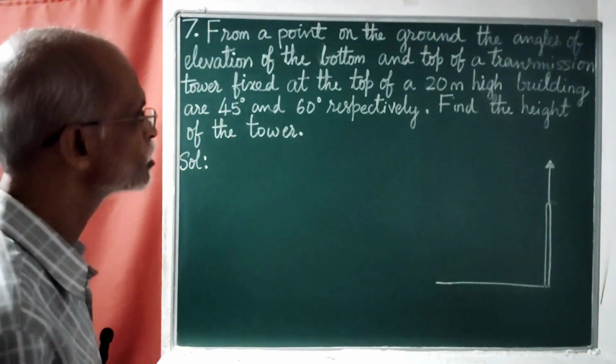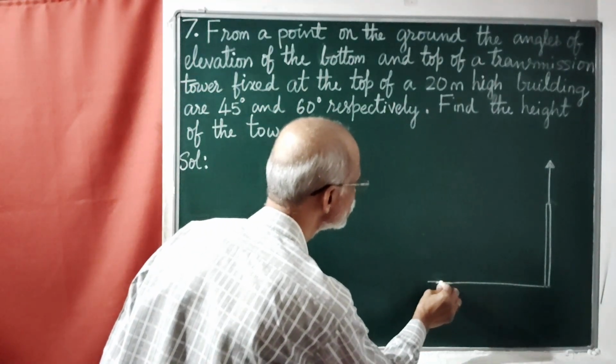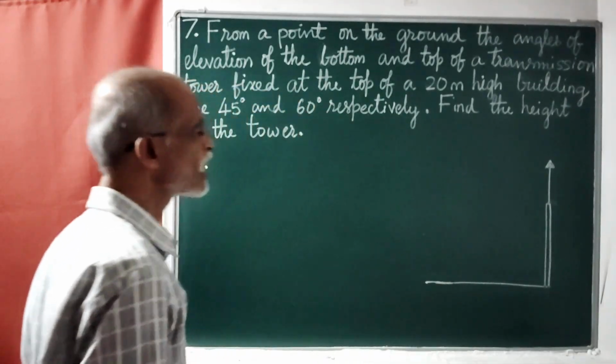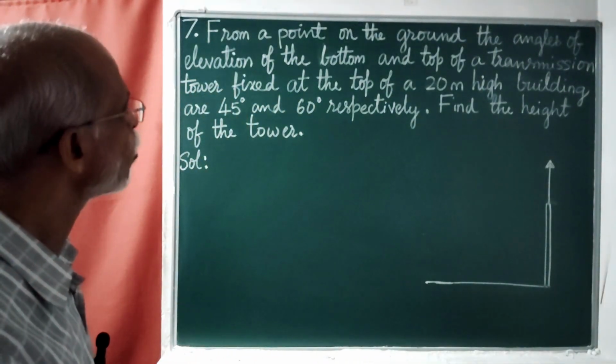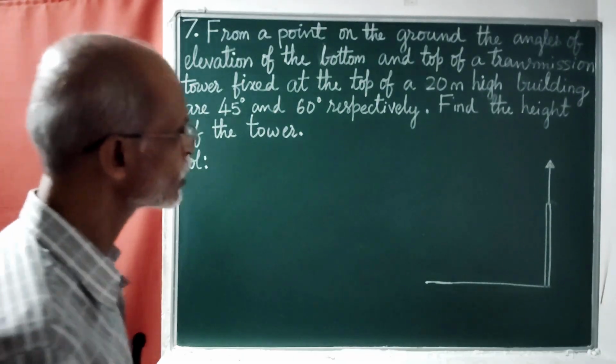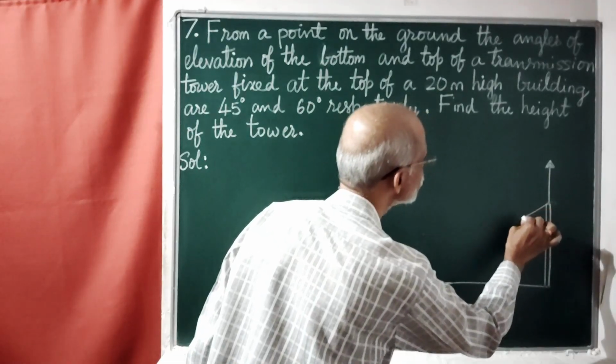Now from a point on the ground, let the point be here. The angle of elevation of the bottom is 45 degrees. This is the bottom of the tower.